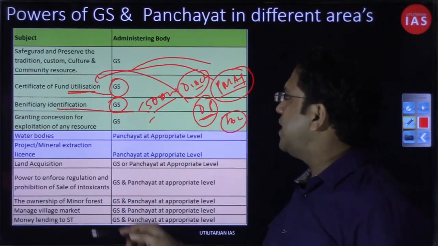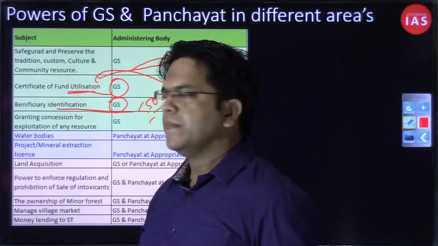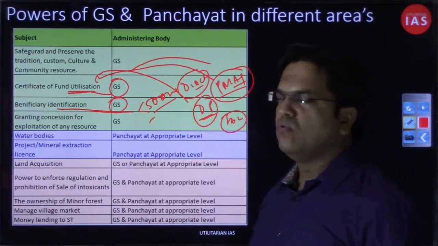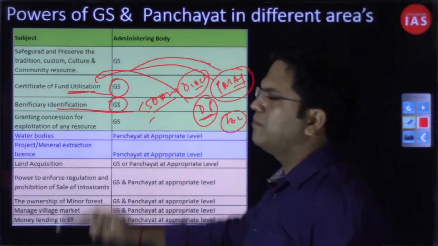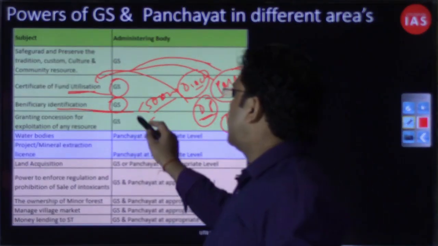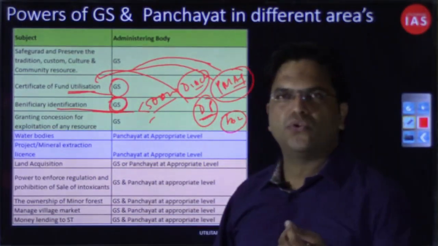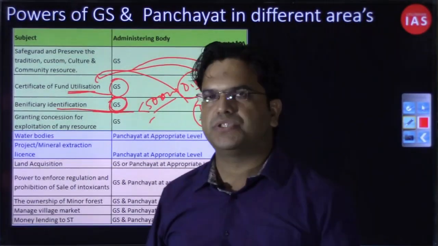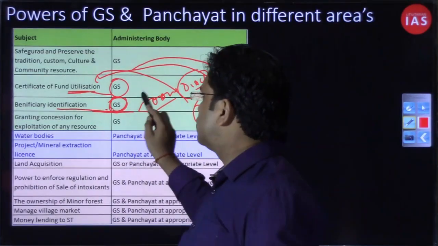Who will identify in this village or Gram Sabha the people who are going to be beneficiaries? That will also be done by the Gram Sabha and not by the village panchayat or the district panchayat. That right belongs to the Gram Sabha.